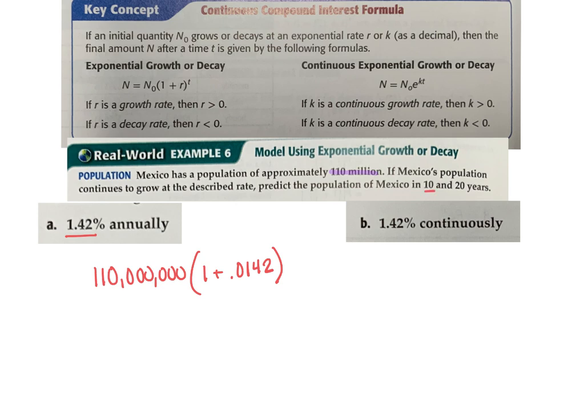Well, they said 10 years. So I would put 10. For 20, I'd put a 20 in, okay? Continuously. Well, for continuous, I'm going to use this one, 110 million E to the R, that's going to be the same thing I put over here, 0.0142 times 10 years.